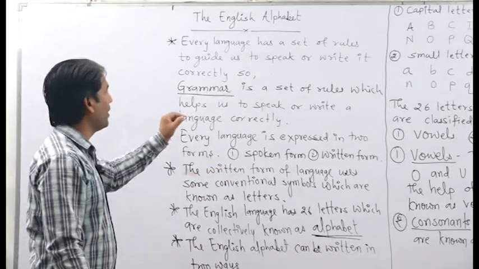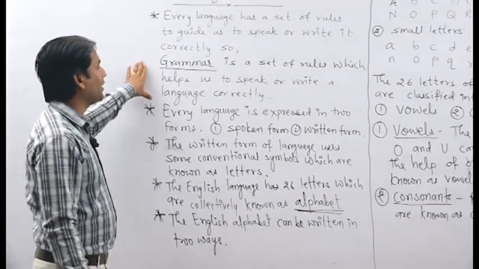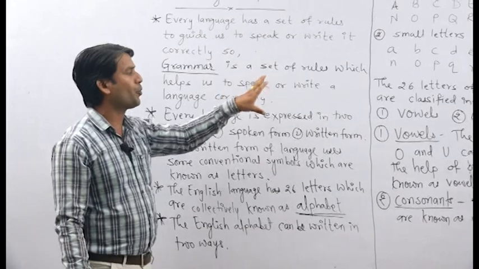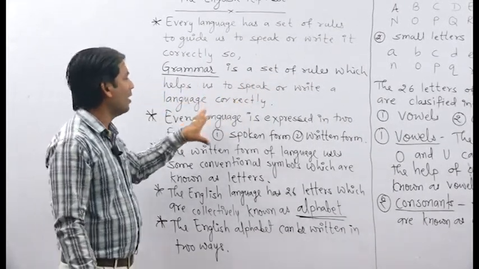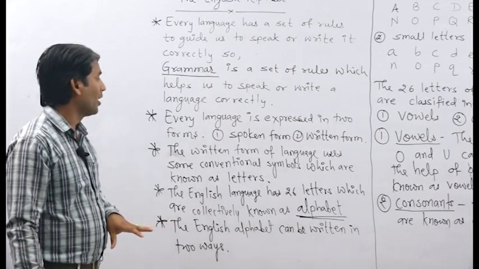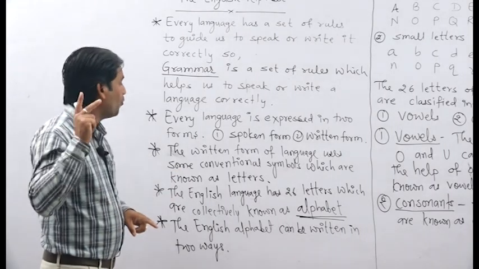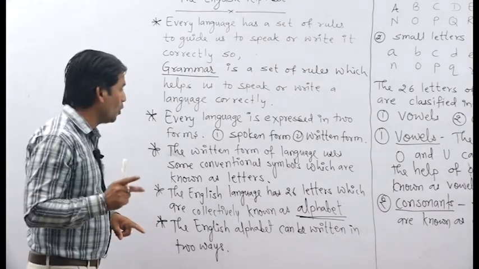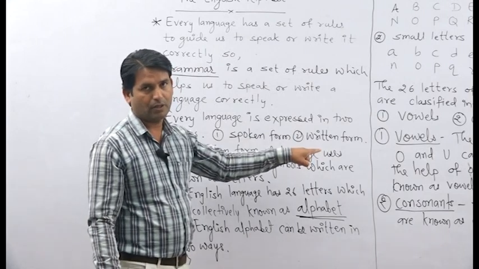So, the simple definition of grammar is, what is meant by grammar? Grammar is nothing but a set of rules which helps us to speak or write a language correctly. Then every language is expressed in two forms. These two forms are spoken form and written form.